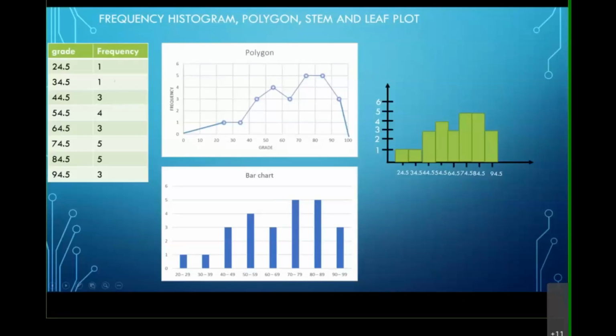They give you this, and you will say, well, the 2 classes that have the highest frequency are 70 to 79 and 80 to 89. Those are the two highest frequencies, right? The frequency is 5. Which class or classes have the lowest frequency? These 2 classes have the lowest, which is 1, right? So again, it's the same as the histogram. It's just that they have a gap. Those are the kinds of information they can ask you.